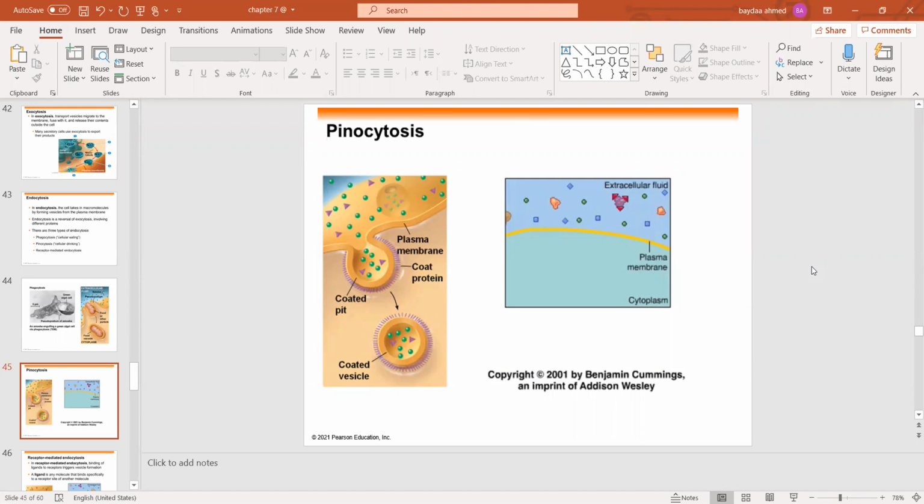In pinocytosis, a cell continually gulps droplets of extracellular fluid into tiny vesicles formed by infolding of the plasma membrane. In this way, the cell obtains molecules dissolved in the droplets.